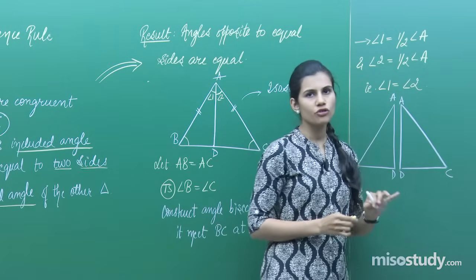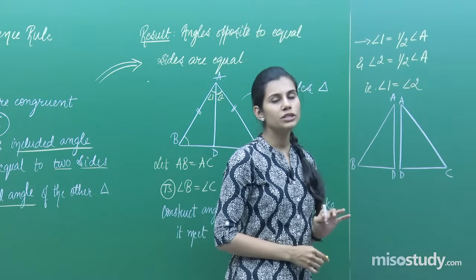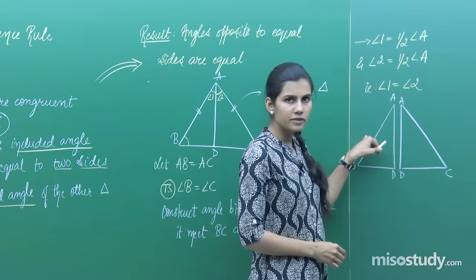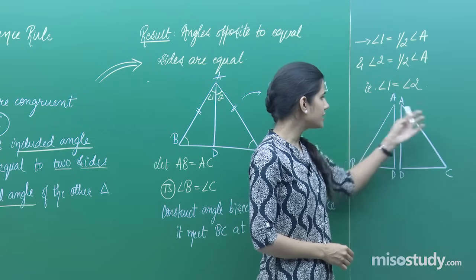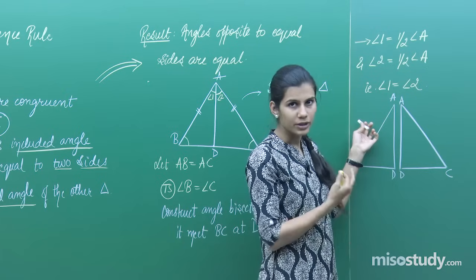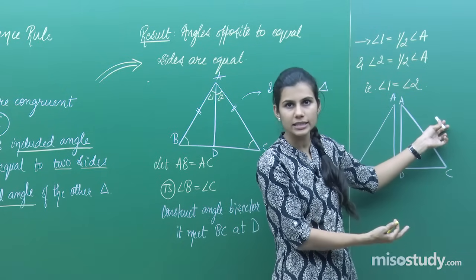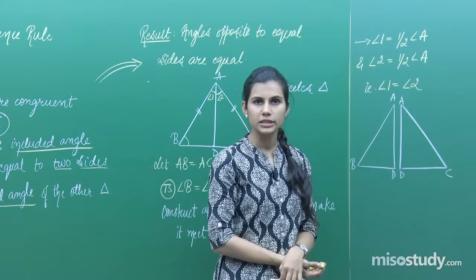Somehow I need to show these two triangles are congruent. I am interested in using the SAS congruence rule. If I show one side of this triangle is equal to one side of this triangle, another side of this triangle is equal to some other side of this triangle, and the included angle between those two sides is equal to the included angle between the corresponding two sides, then by the SAS congruence rule, both of them will be congruent.